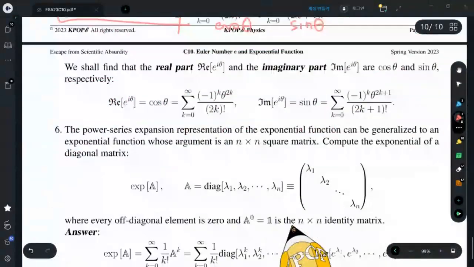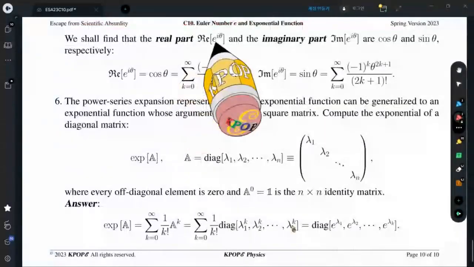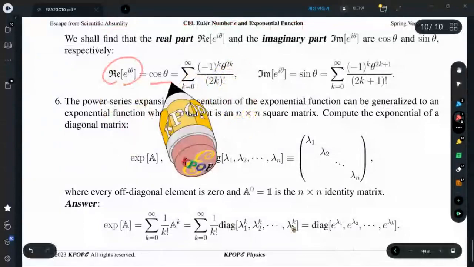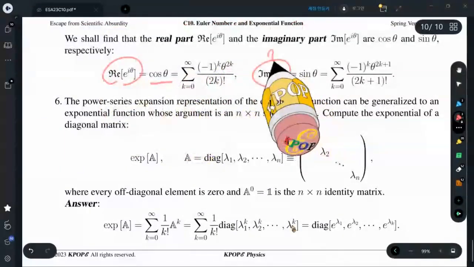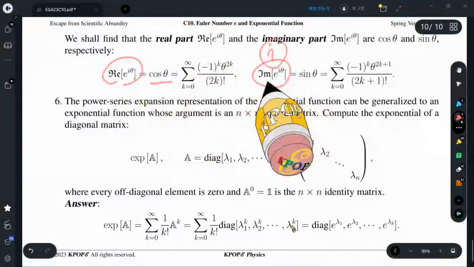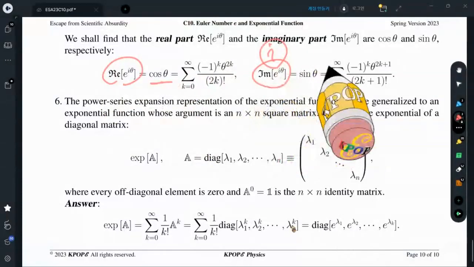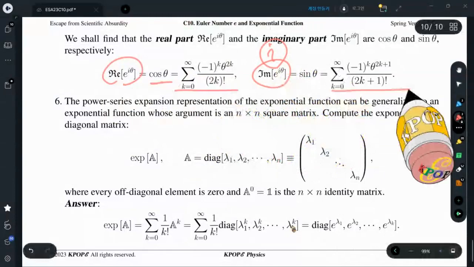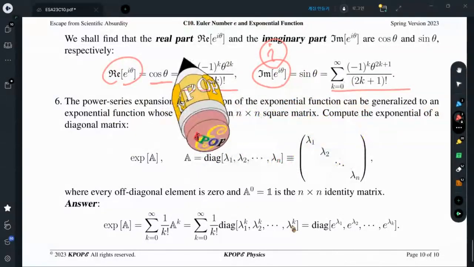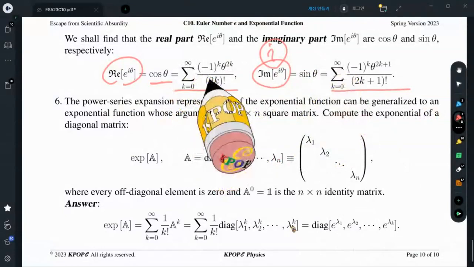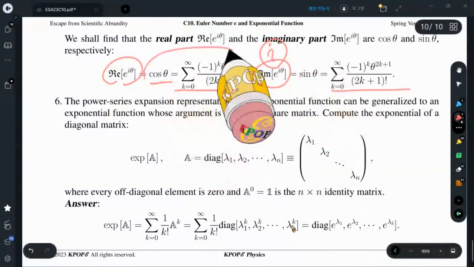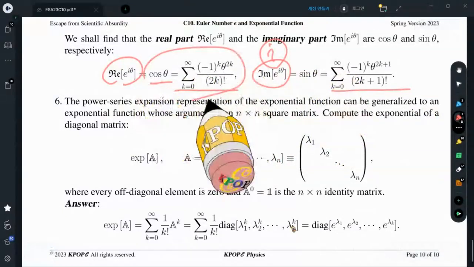And we say the real part is cosine. The imaginary part, that means the coefficient of the pure imaginary number i, is sine. Very nice. By the way, physicists are brave to apply this power series expansion. Why not extend it to any other very useful computation?